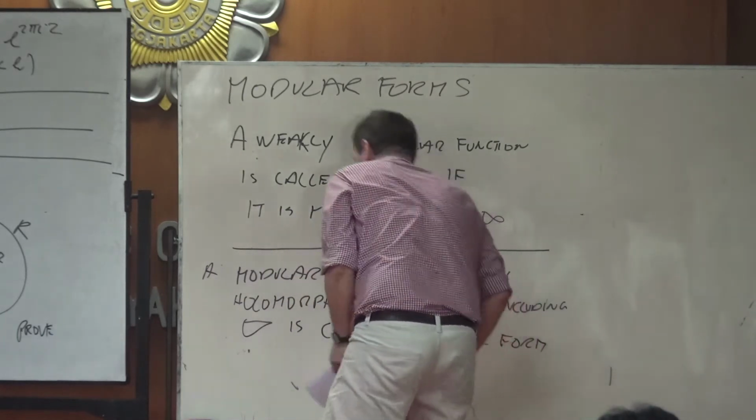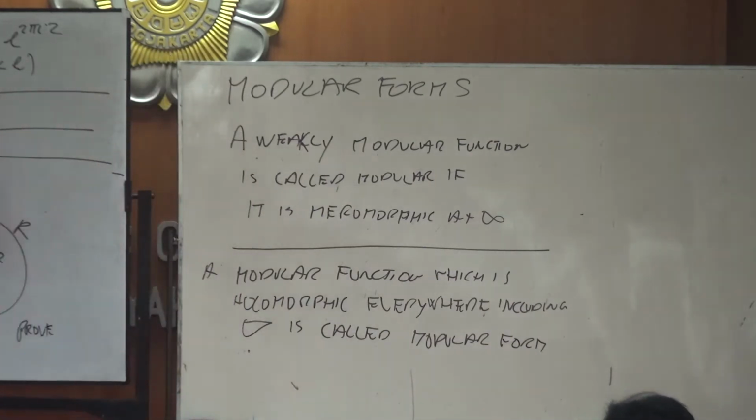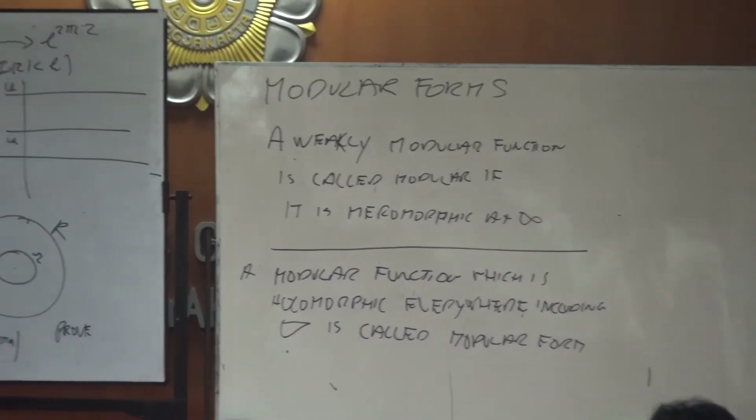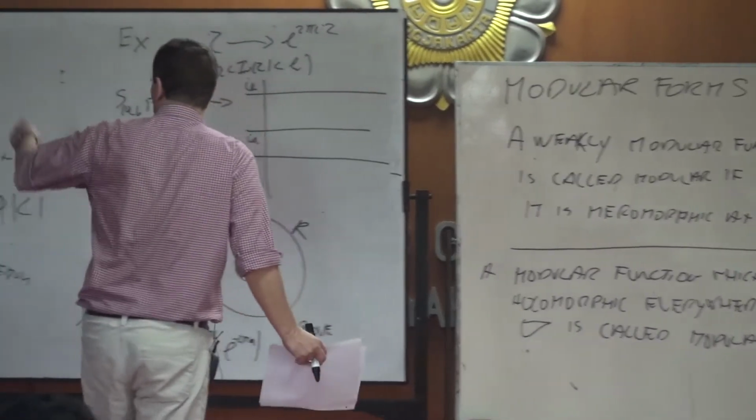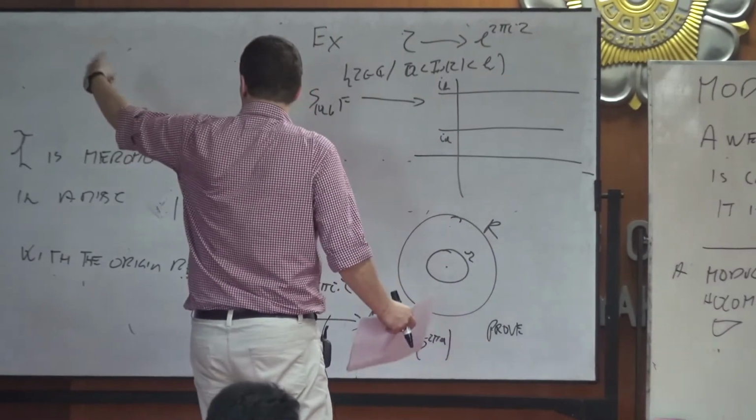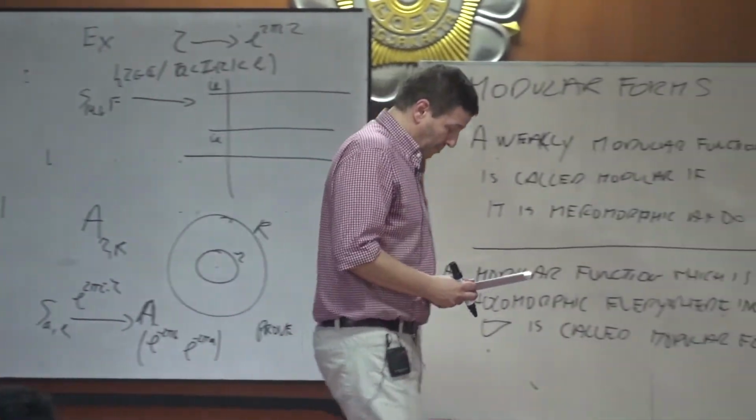So modular forms are functions that behave in that specified manner with respect to the action of SL_2(Z), plus they're holomorphic everywhere, including infinity, when they are extended to infinity in that way.